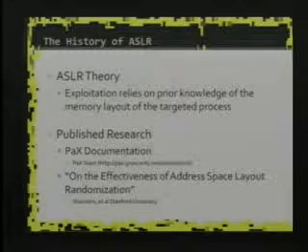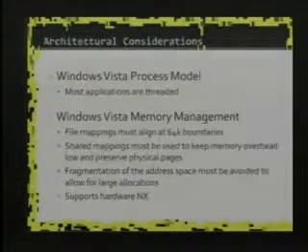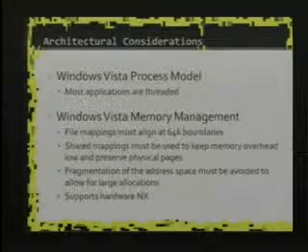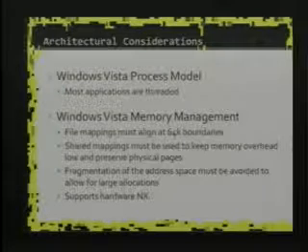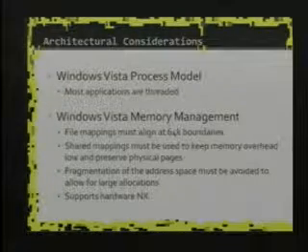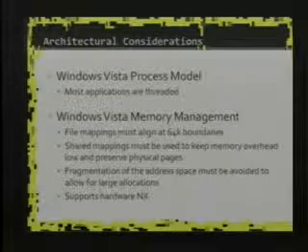And so with those two things in mind, the model implementation of PaX and the counter study of the effectiveness of ASLR, Microsoft took those into account in the way they were designing their implementation. Along with that, they also, of course, had to consider the operating system they're building upon, the actual architectural considerations. So in Windows, most applications are threaded as opposed to forking.